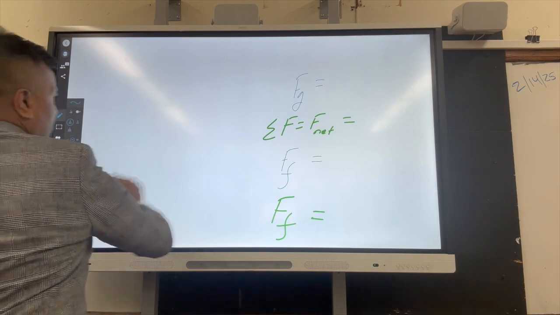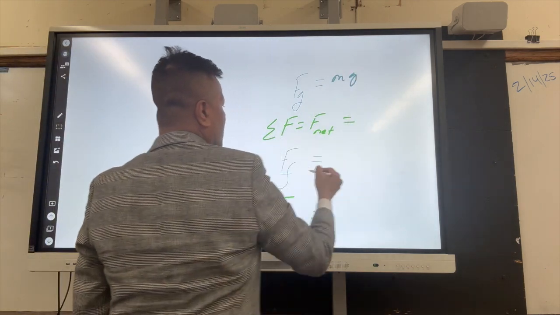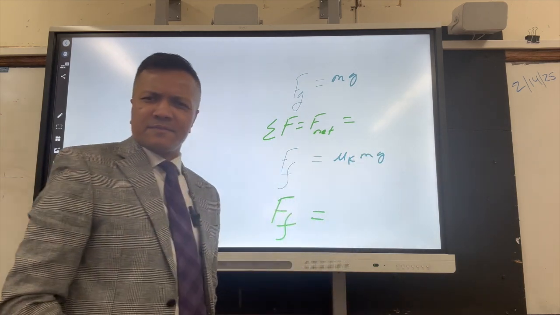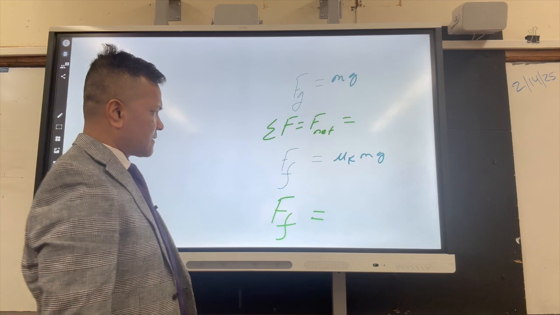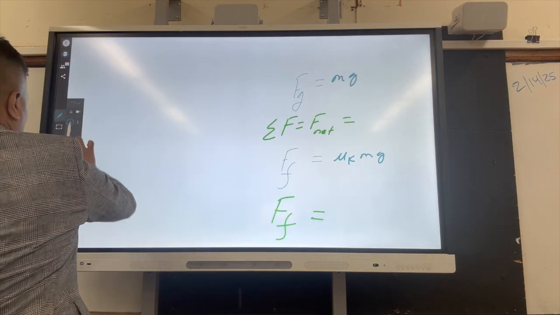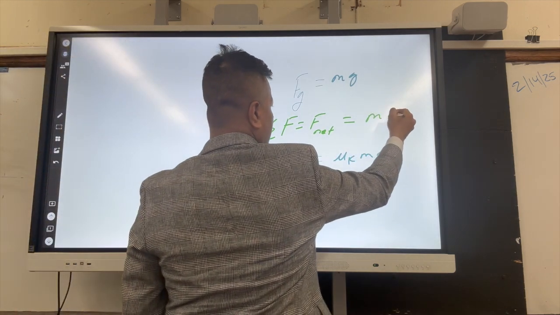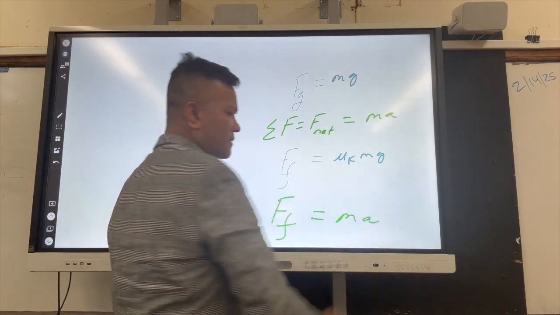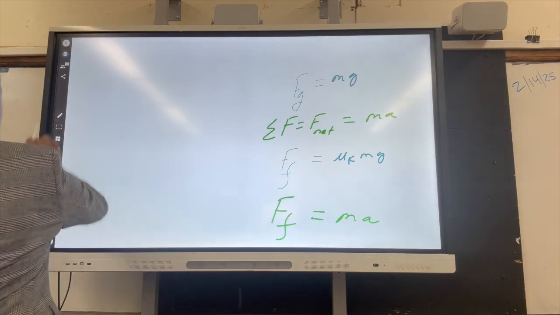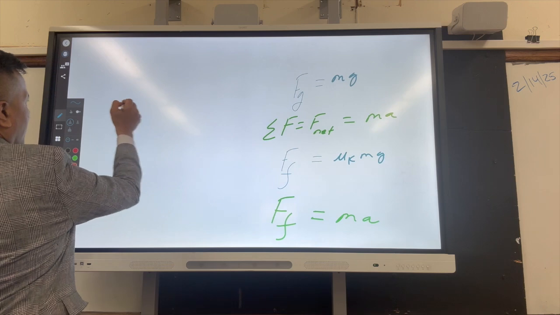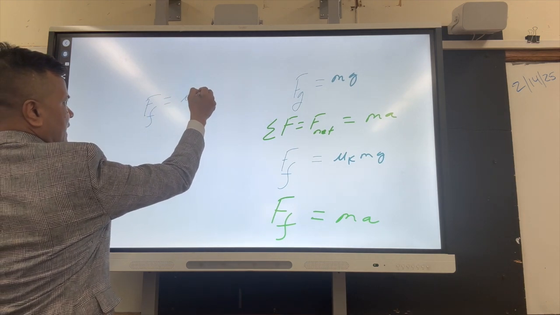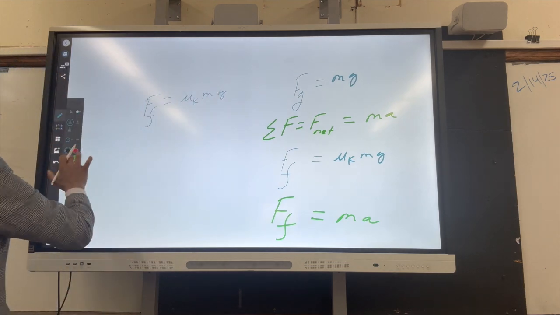Now let's use the blue color, of course, mg, and of course mu k mg. You can also write mu s, that's not important here. Now the other one, of course, Newton's second law, F equals ma, and this is ma. What does that mean? That means the friction force, mu k mg, is equal to ma.